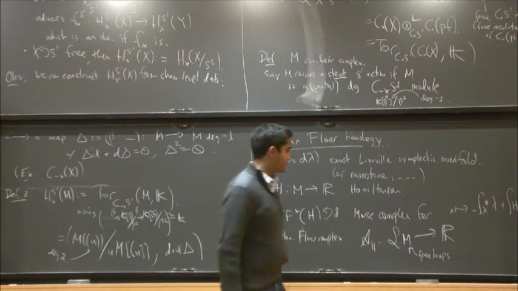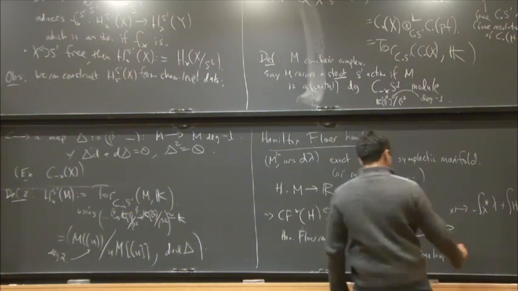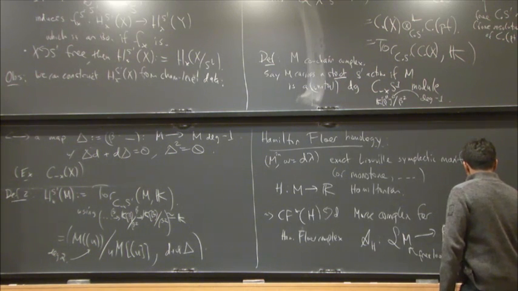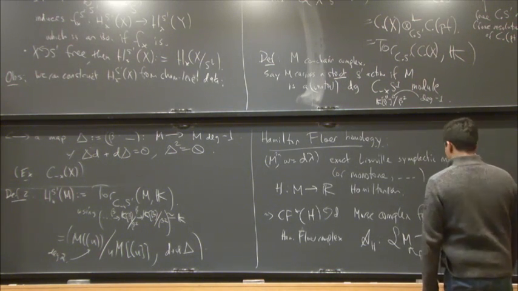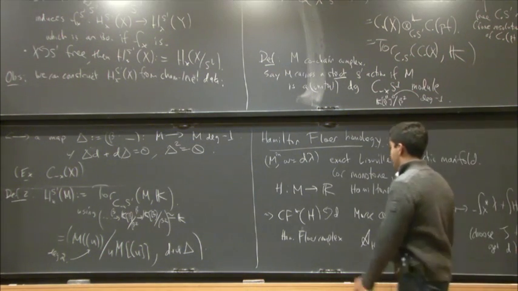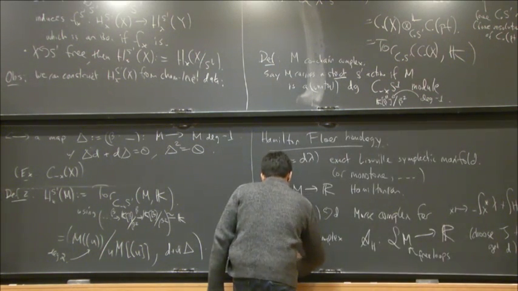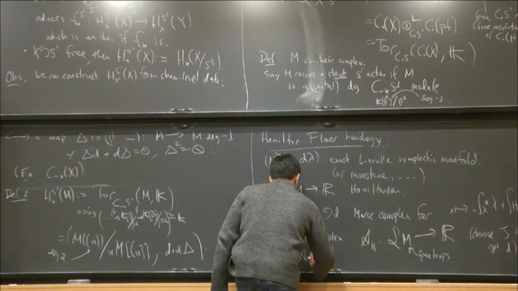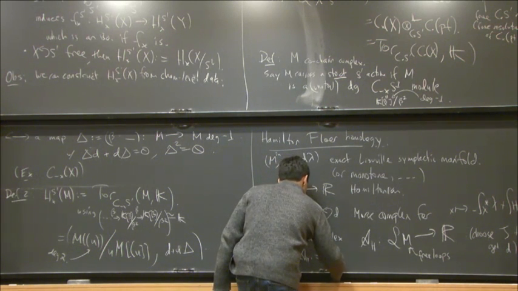OK, so we have some explicit complex. Of course, I have to choose, as in Morse theory, I have to choose a metric to get a Morse complex. So here I have to choose an almost complex structure to get the differential. Let me just finally say what the generators are. So critical points of this action functional are time 1 orbits.